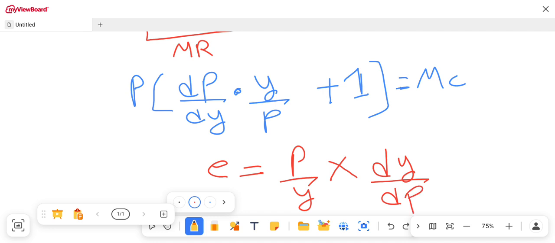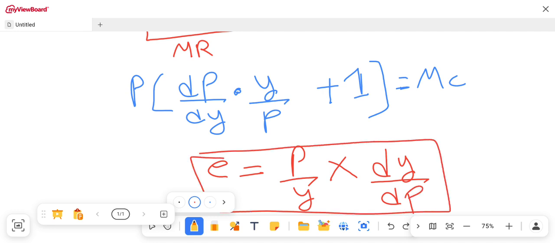Now we know that this equation is the reciprocal of this one.